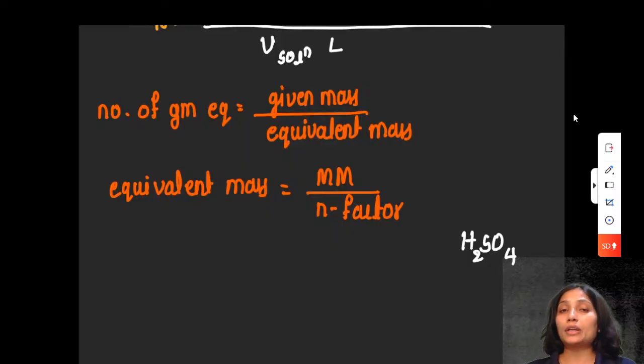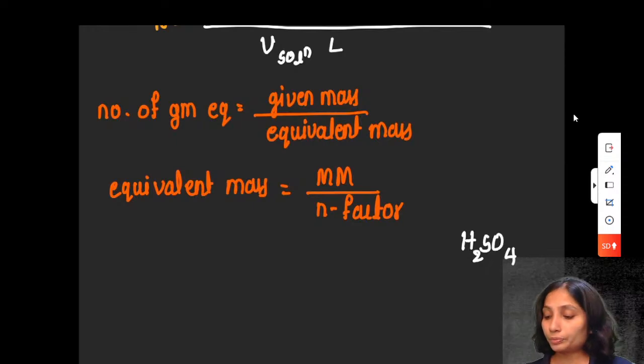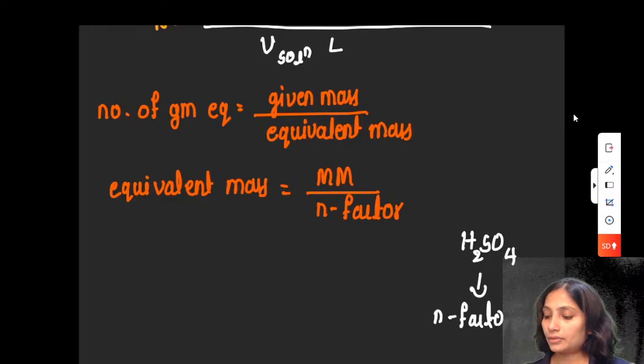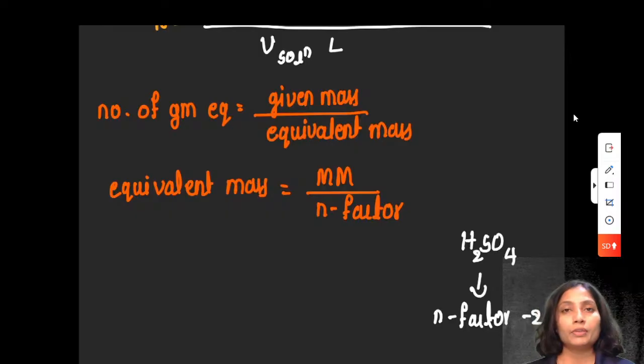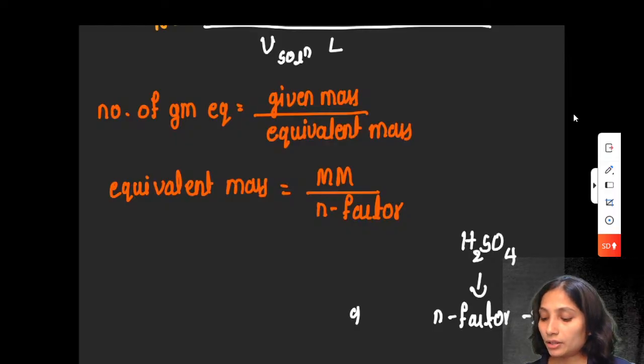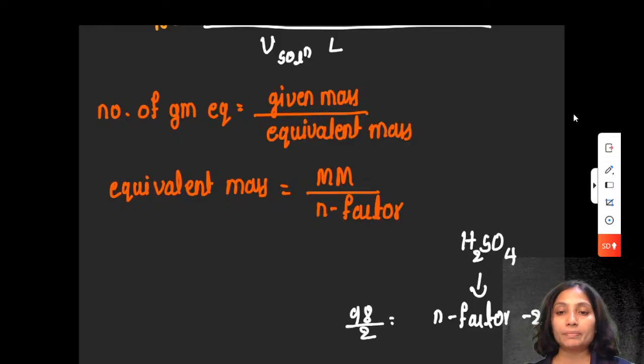How many H plus ions can it donate? 2. So its n factor is 2. And how to calculate equivalent mass now? Molecular mass of H2SO4 is 98 divided by 2. This gives equivalent mass, where 2 is the n factor.